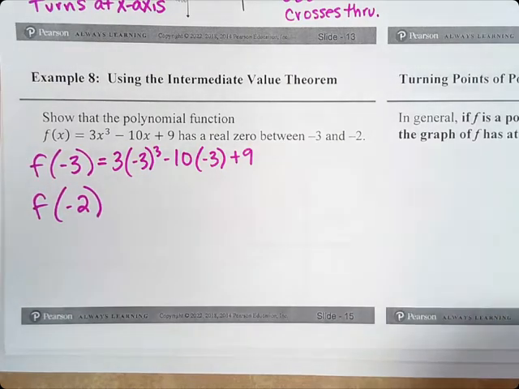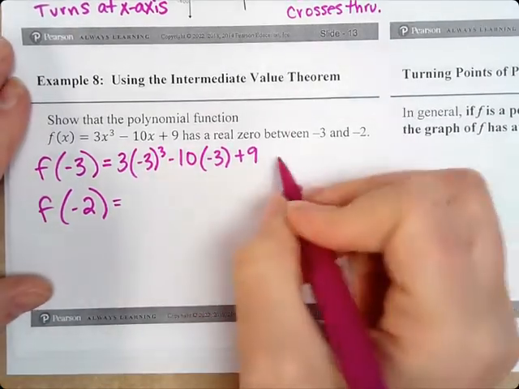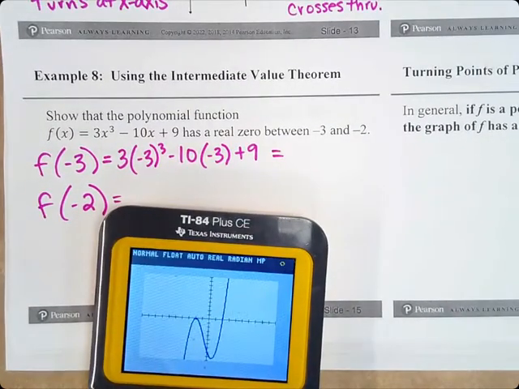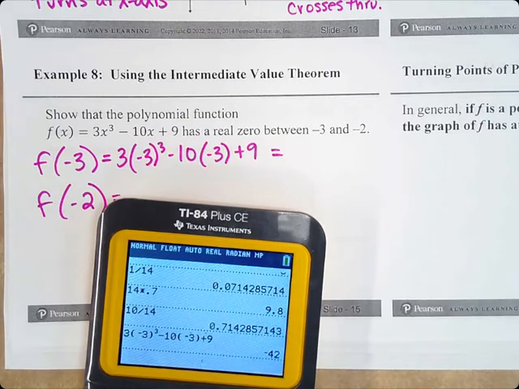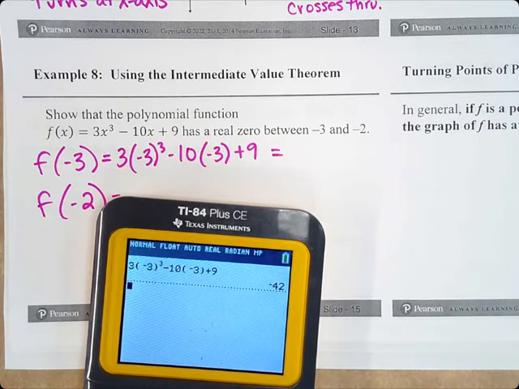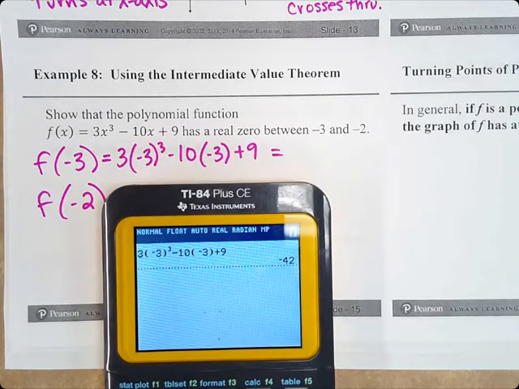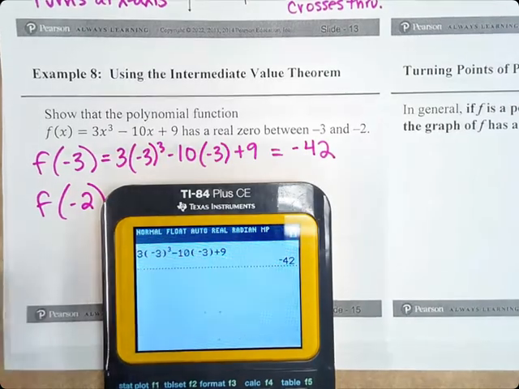So just use your calculator to find what that is. So I plugged in a -3 and got out -42.